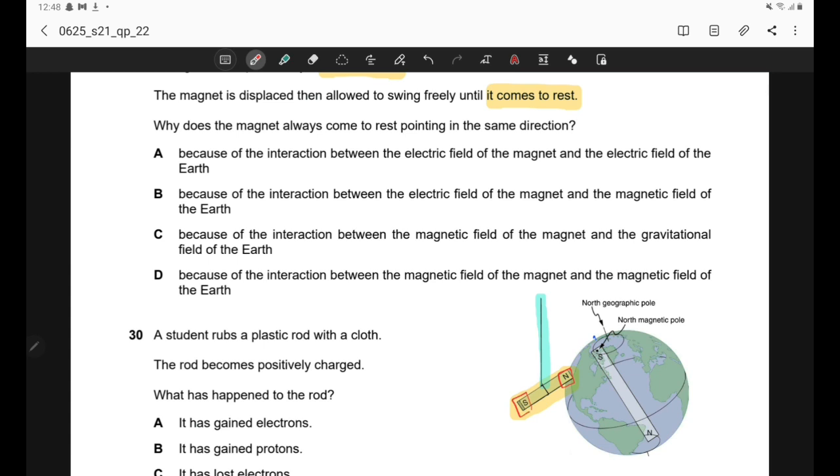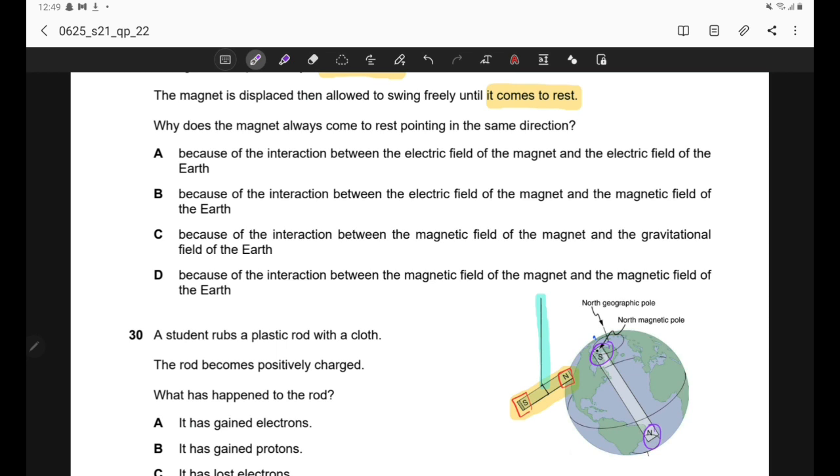The reason for it is our planet Earth has two magnetic poles, the north magnetic pole and the south magnetic pole, just like a bar magnet. So we can consider our Earth itself as a magnet with a north magnetic pole and a south magnetic pole. Or we can consider it as a huge magnetic bar with the poles as shown.